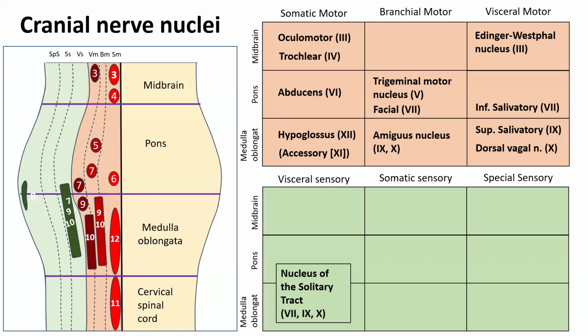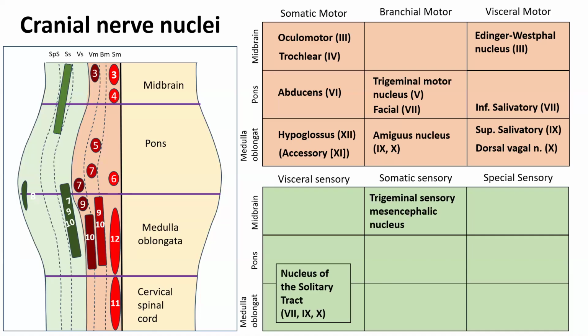So the facial nerve is responsible for the taste sensation in the anterior two-thirds of the tongue, and the glossopharyngeal nerve in the posterior third of the tongue. Vagus also plays a little role in taste sensation at the level of the epiglottis. And there are other functions, but these are, I believe, some of the most important ones.